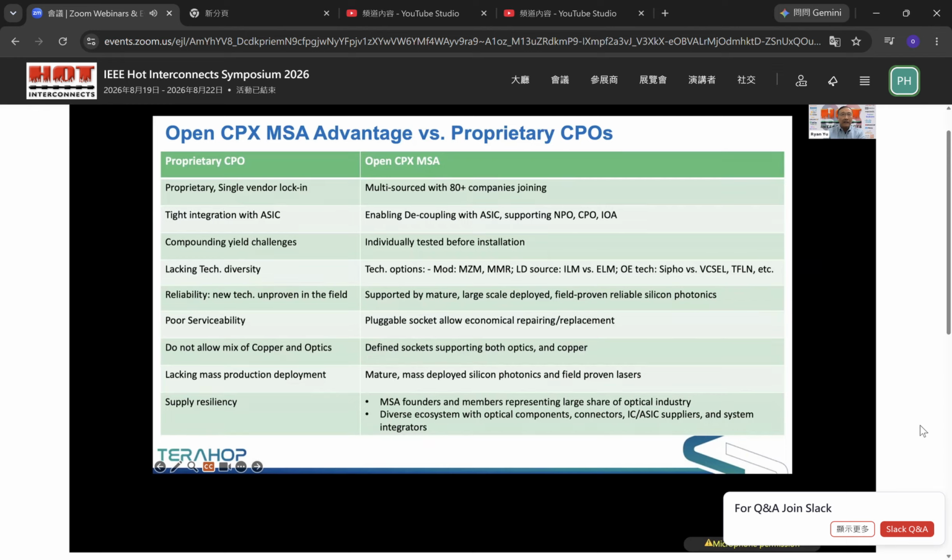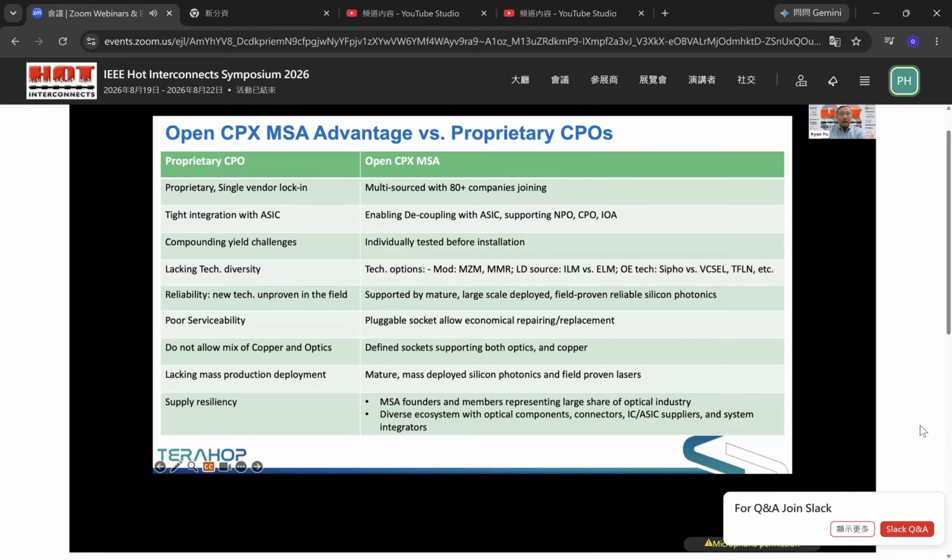I'll explain what IOA is, but there is a wide range of deployment scenarios available now with this open socket. Because of this decoupling, we also address the EO problem because you don't have to address it at the final assembly level. You can individually test these connectorized engines before installation, so you can really address this compounding EO problem.